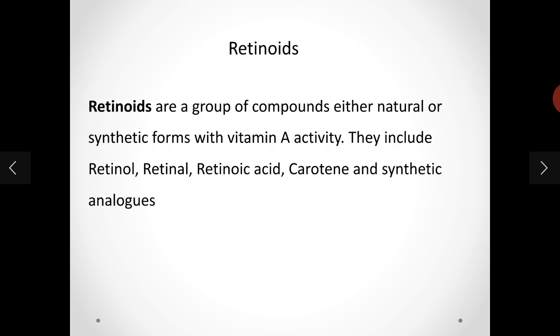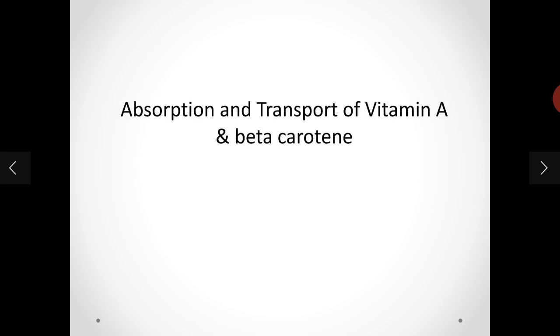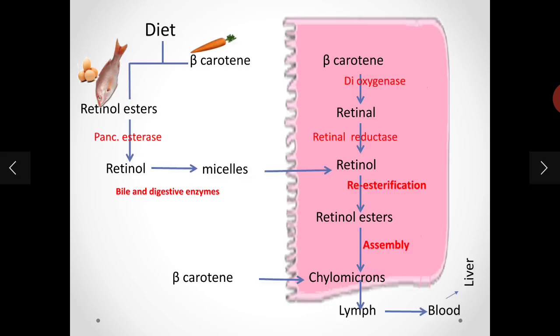Okay, so they include the three forms of your vitamin, that is retinol, retinal, retinoic acid, and the carotenes, and any other synthetic analogs which have a vitamin A activity are called retinoids. Coming to absorption and transport of vitamin A and beta carotene, as I said, beta carotenes from your vegetables and the retinol esters from your animal food.